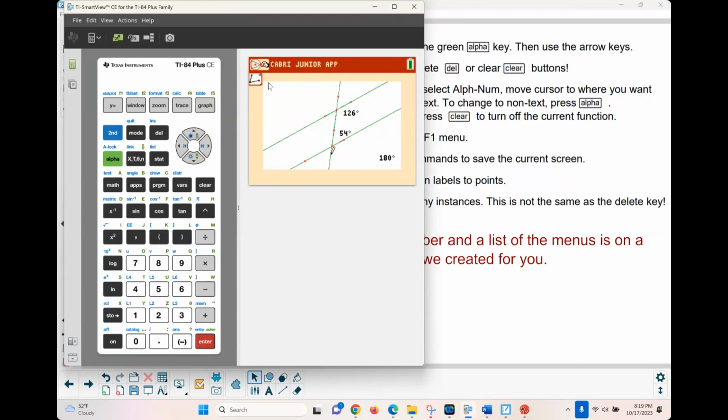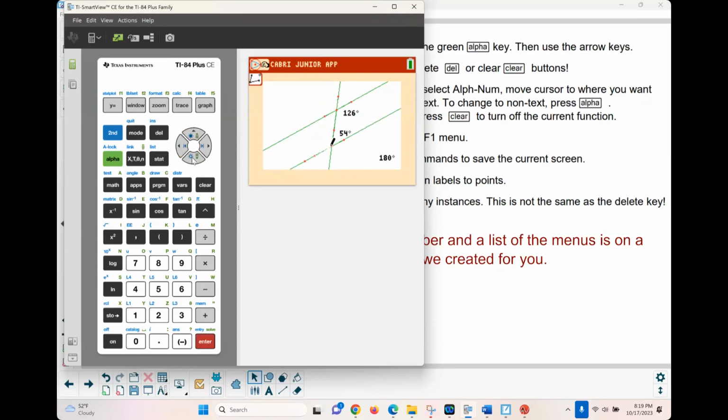And you'll notice in the upper left corner, it's showing me that I'm going to be measuring an angle. So what I'm going to do is go to this line right here and press enter, saying start with a point on this line, enter. And then move to the vertex. Notice it's got a little spider web attached to it. And notice when I get exactly to that point, it's showing me you're not close to the point, you're right there.